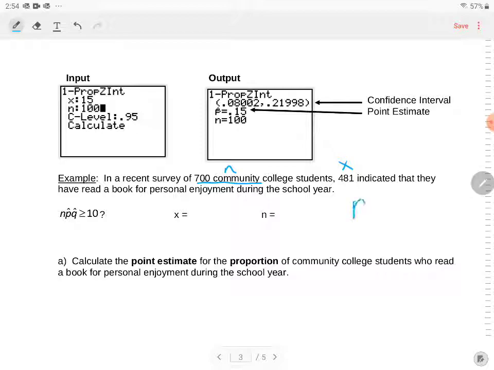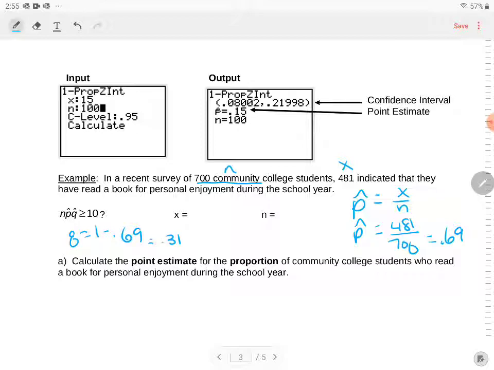So our P hat, our point estimate, is equal to X divided by N. So P hat is equal to 481 divided by 700, which gives us 0.69. Q is equal to 1 minus 0.69, which is 0.31.